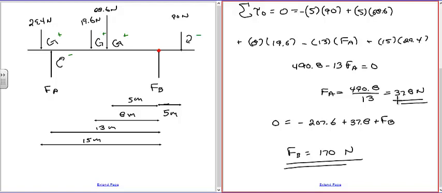Okay. So you see the support F sub B is significantly more than F sub A. And why is that? Well, because you've got this big, heavy mass. Also because this is not centered, or not symmetric towards the end.